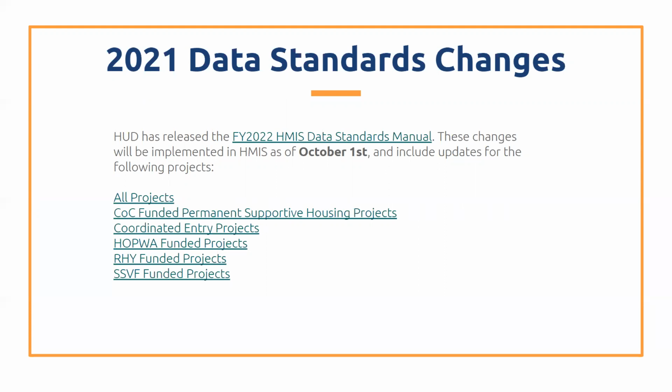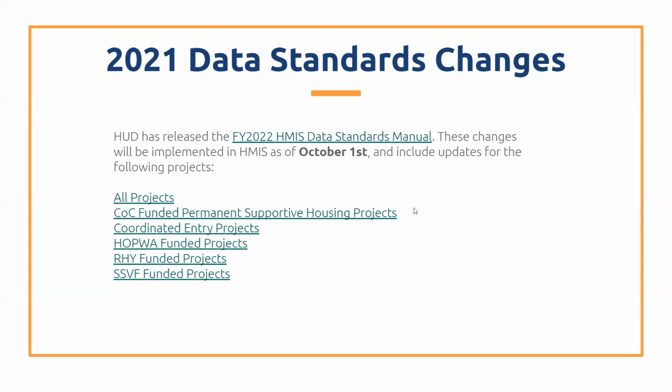For those that don't know what the data standards are, HUD provides funding to our CoC, including HMIS, and so they require certain data elements to be collected in order to maintain that funding.